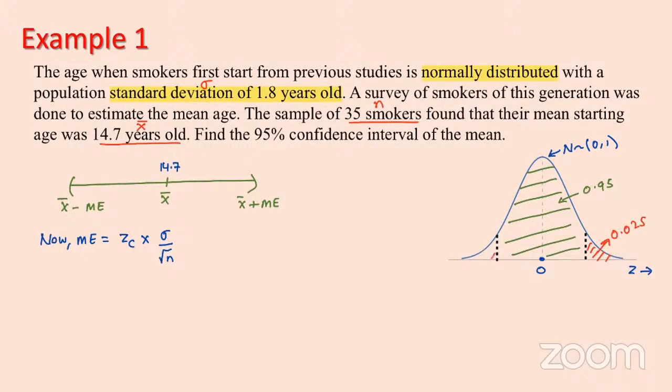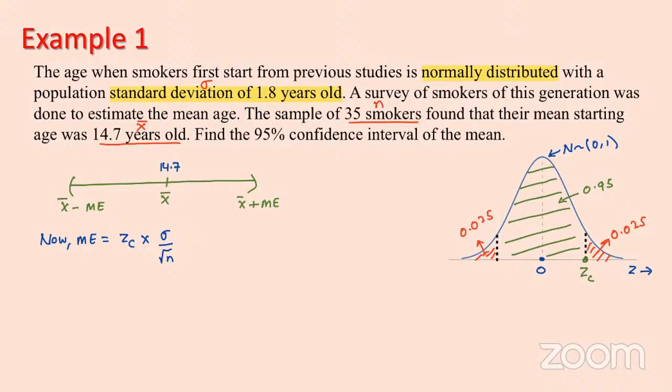And that one is also 0.025. And what we are looking for is Z critical. The value which is here is Z critical, right? Okay. Now we want to find Z critical.